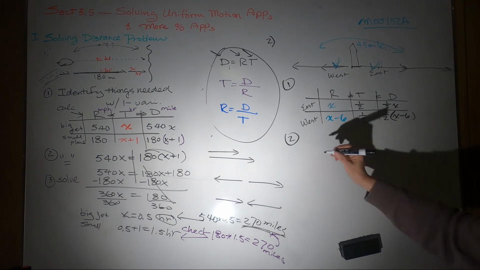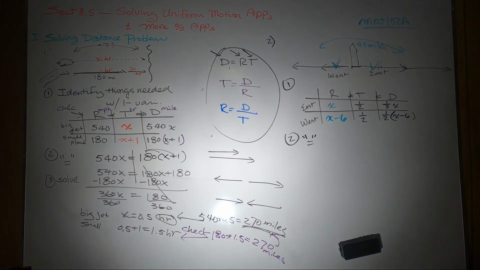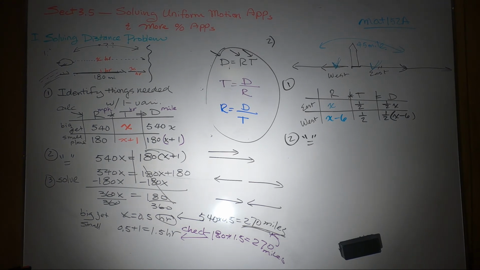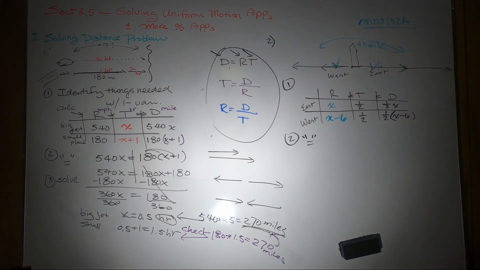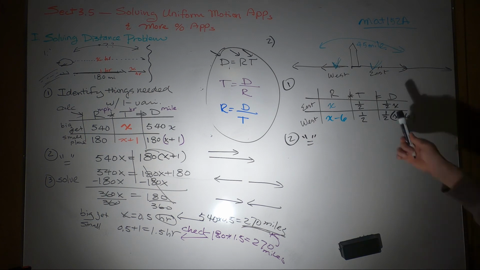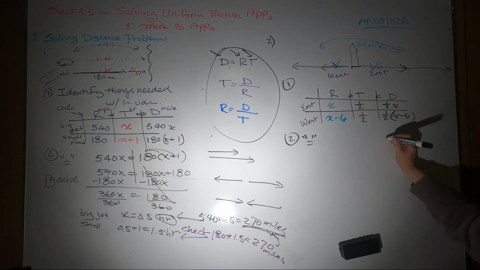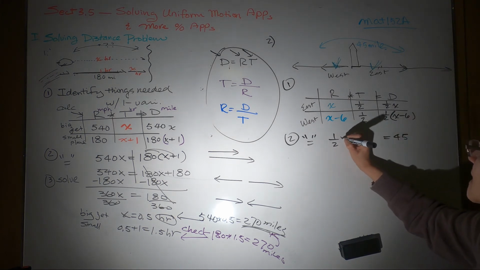Then second, you write your equation. Okay, so you know you guys are 45 miles apart, total distance from both west and east. So what do you need to do? To become 45, you should add them together, right?